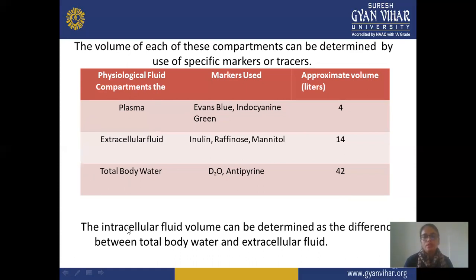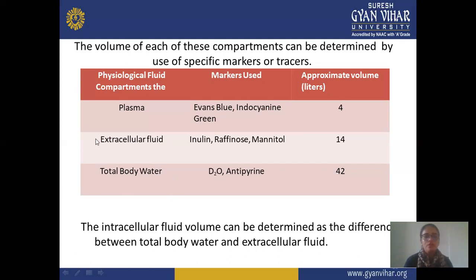If you are required to check intracellular fluid volume, you can easily do it with the help of total body water and extracellular fluid. You just subtract extracellular fluid from total body water, because both intracellular fluid and extracellular fluid form the total body water.